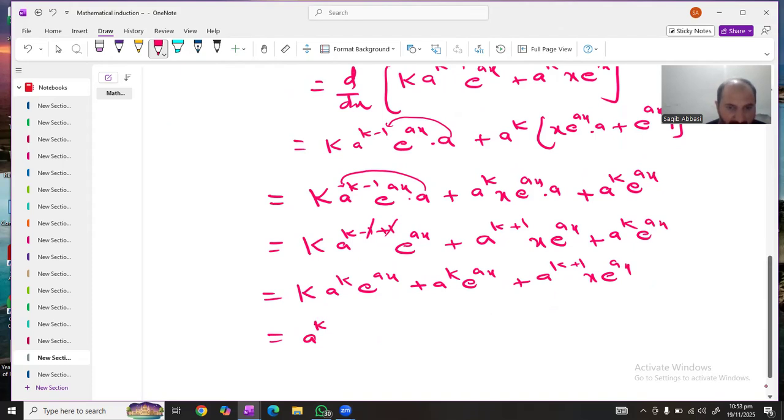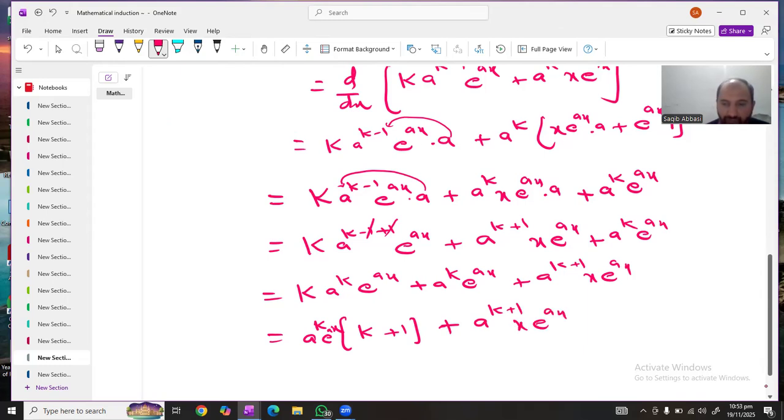Here a power k is common, and e power ax is also common. The remaining term is k plus 1. Yes, it's correct: a power k plus 1 and x e power ax.